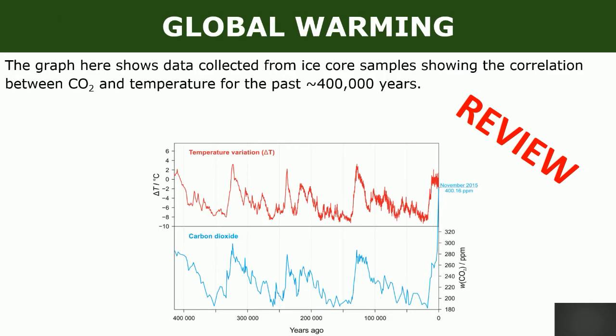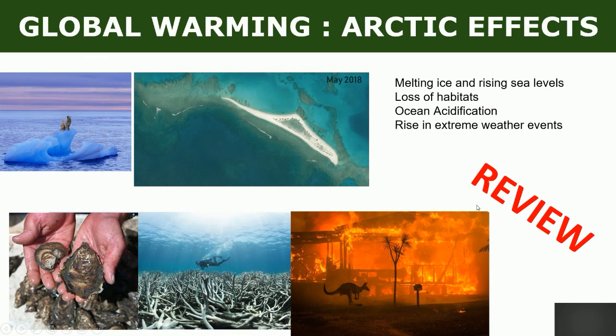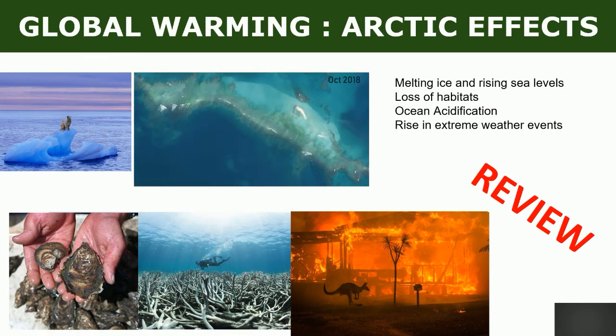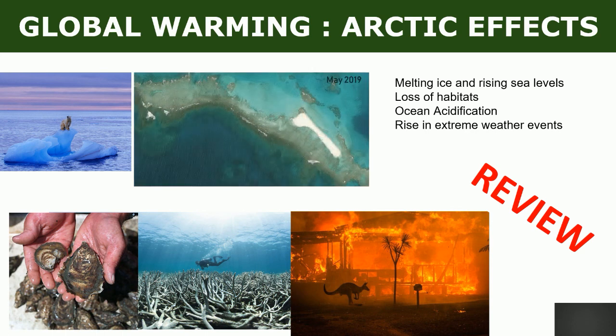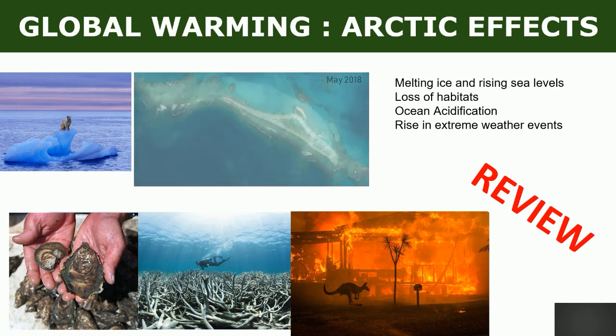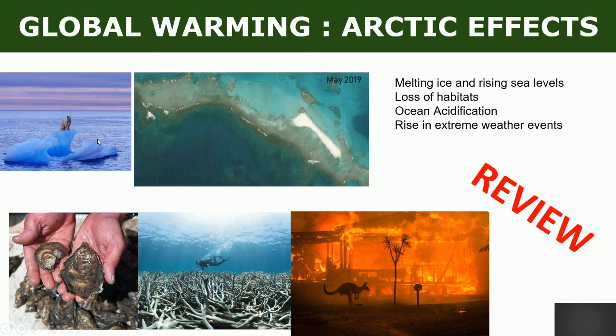Okay, know that there is a correlation between CO2 levels and temperature. So when carbon goes up, temperature goes up, and this association has existed for hundreds of thousands of years. The effects of global warming are primarily noticeable in those Arctic habitats, and it's causing the loss of habitat for those animals.